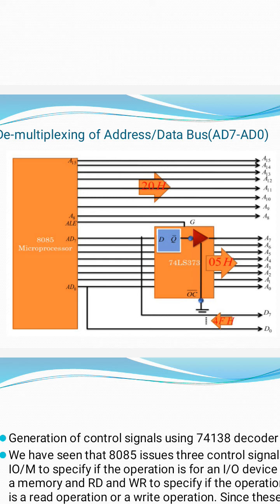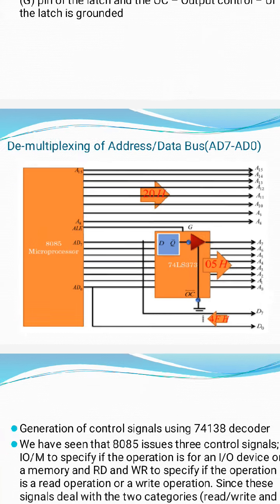यहाँ पे at the output you can see A0 to A7, then A8 to A15, so 16 address lines, and below 74LS373 you can see D0 to D7 data lines, which is demultiplexed as shown in the circuit.